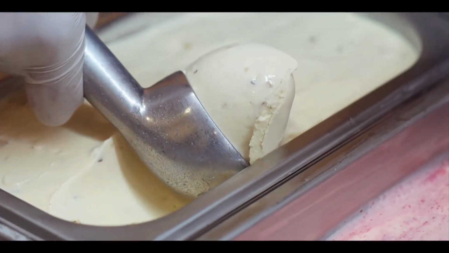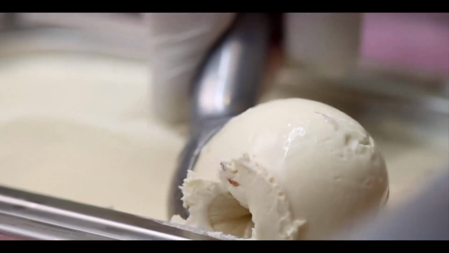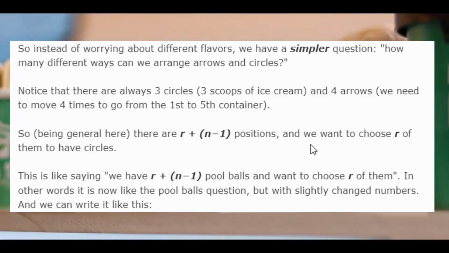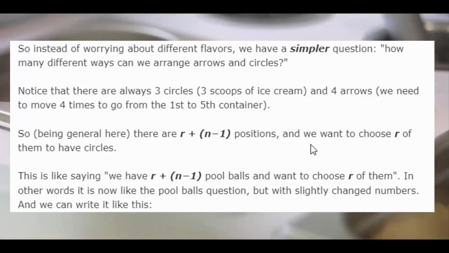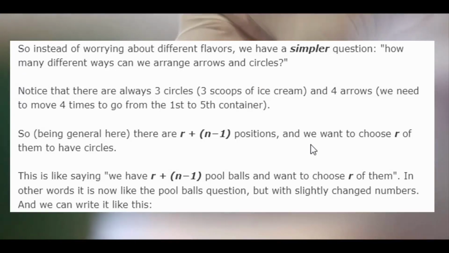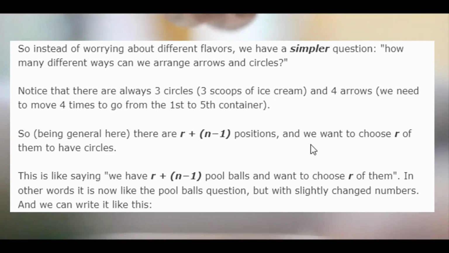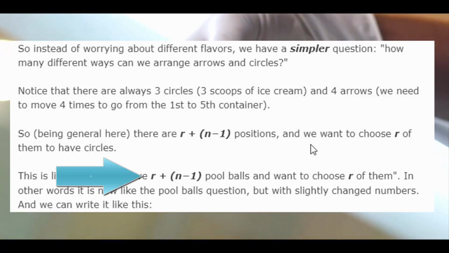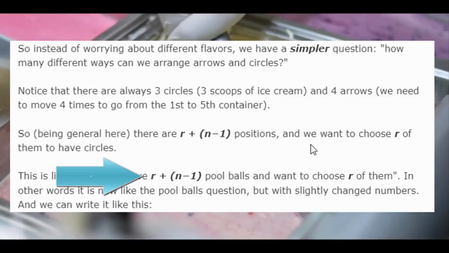we go. So basically what we have here is R plus n minus 1 positions, and we want to choose R, and R are our different scoops of ice cream. So it's really equivalent to saying that we have R plus n minus 1 pool balls, and we want to choose R of them, but we're just using ice cream in this example.